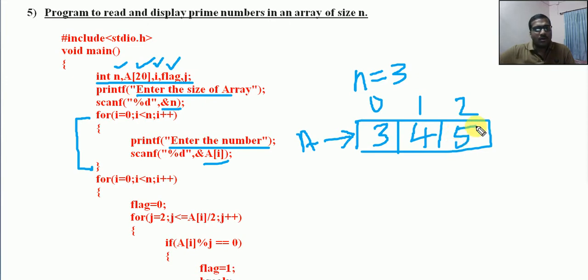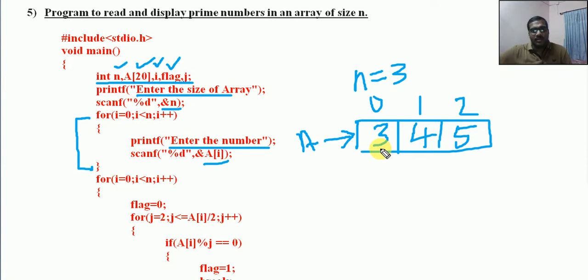So what is a prime number? A prime number means a number which has exactly 2 divisors. That means it is divisible by itself and divisible by 1.